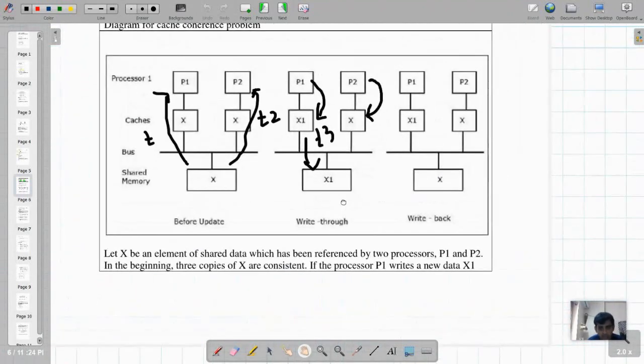Yes, here it is. Now, this updated data item x1 is not visible to P2 due to the entire architecture. So this is not consistent. This is the consistency problem. You need to develop some mechanism to solve these coherency and consistency problems, which we will study during the next video.